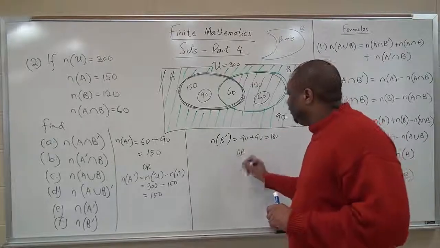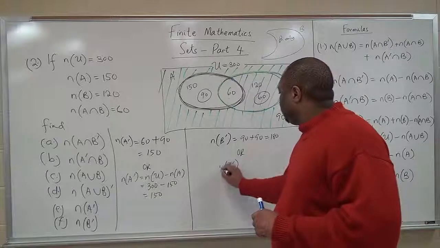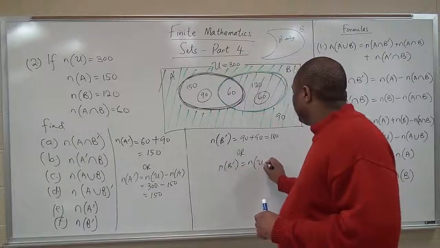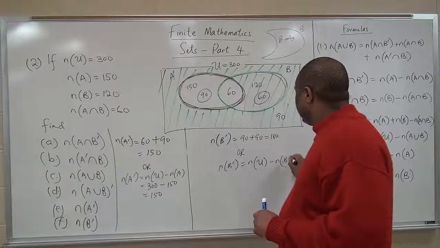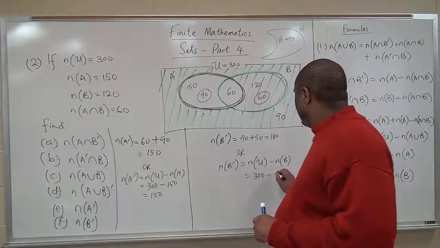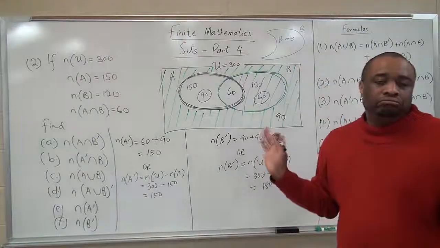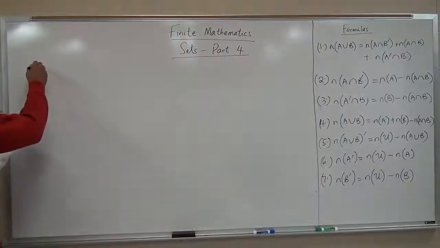Or using the formula, cardinality of B prime is 300 minus 120, and that gives you 180. That's it.